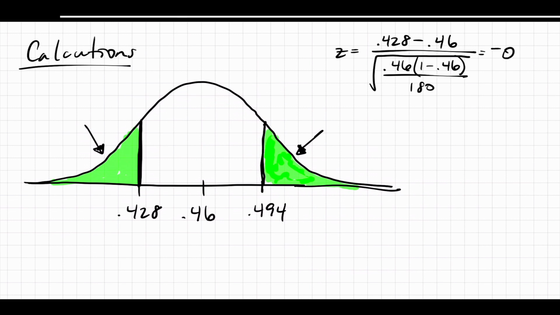And I get a z-score of negative 0.86. That's the z-score for this guy. What do you think the z-score would be for the other guy, 0.494? Positive 0.86, because it's symmetrical and they're the same distance away from the center. And the center has a z-score of 0, always.